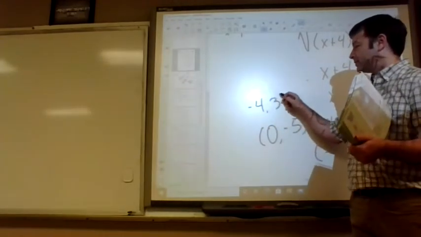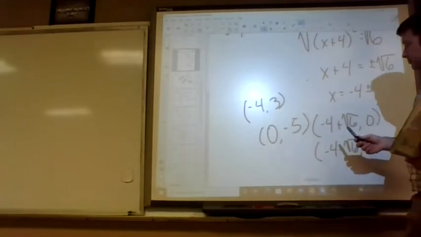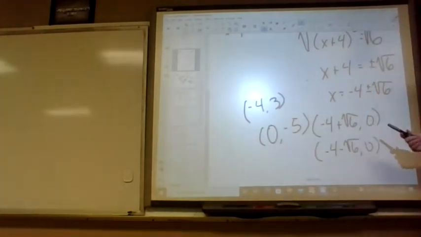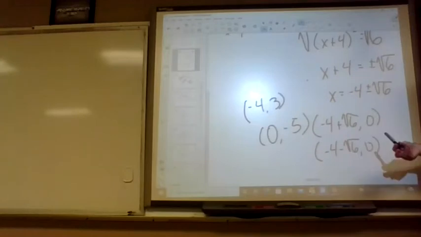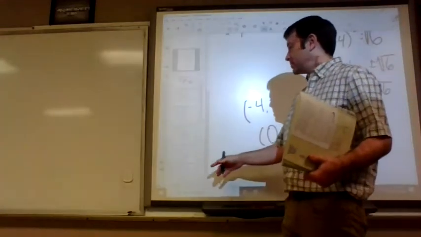That'll help us graph it. Somebody plug in negative 4 plus square root of 6, and somebody else plug in negative 4 minus square root of 6, so we can figure out where that is on the graph.